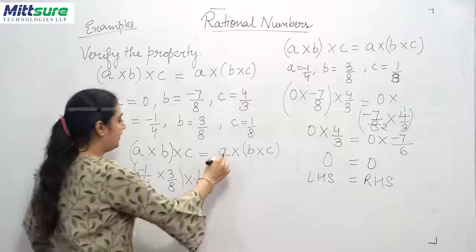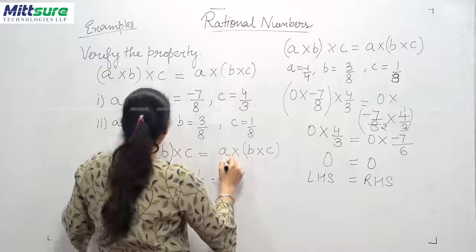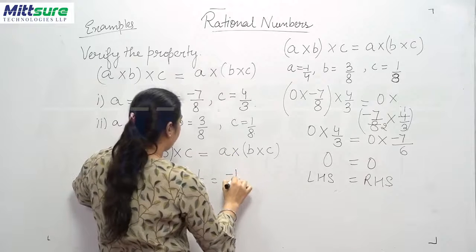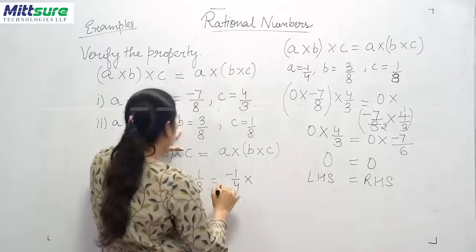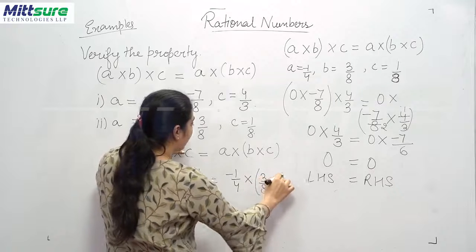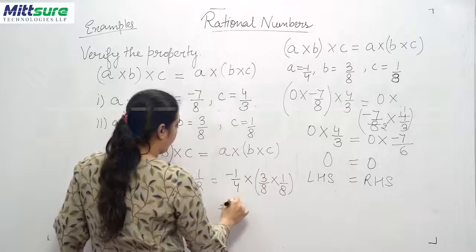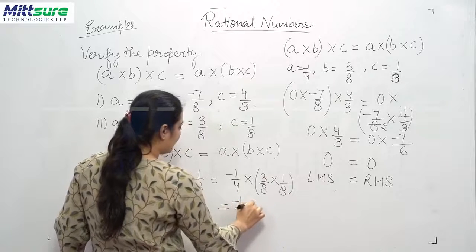Clear? Now here I have minus 1 upon 4 multiplied by 3 upon 8 in the bracket multiplied by 1 upon 8 in the bracket. So minus 1 upon 4 remains as it is.